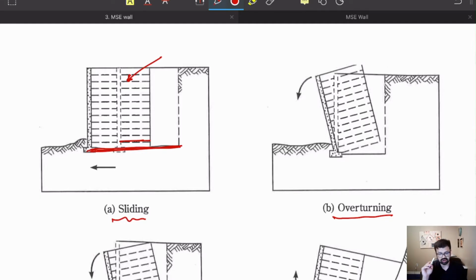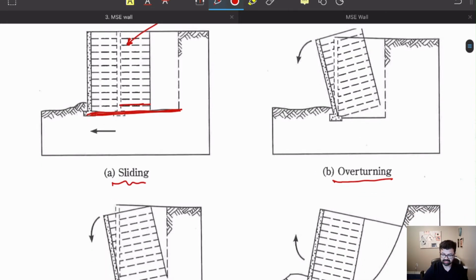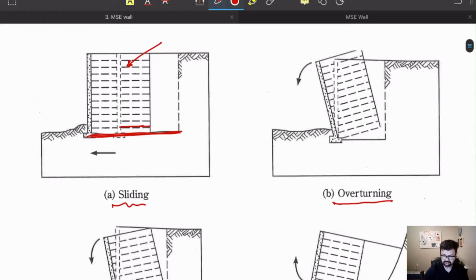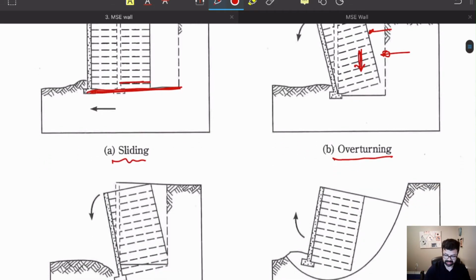Anyway, that's overturning. For the overturning, we need to know how much load is acting. Most likely the load will be at the middle. So out of the load, we need to calculate the moment, and then calculate what the weight is trying to resist by itself, and then we just do the math.